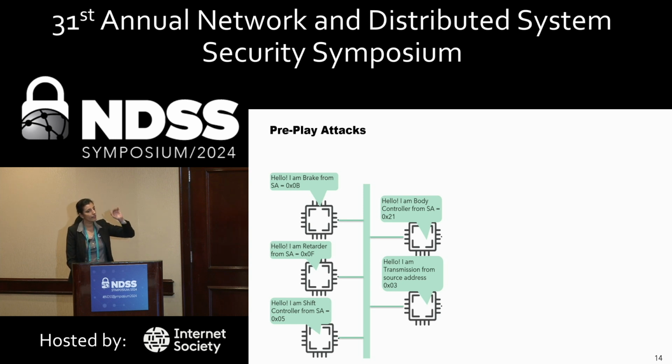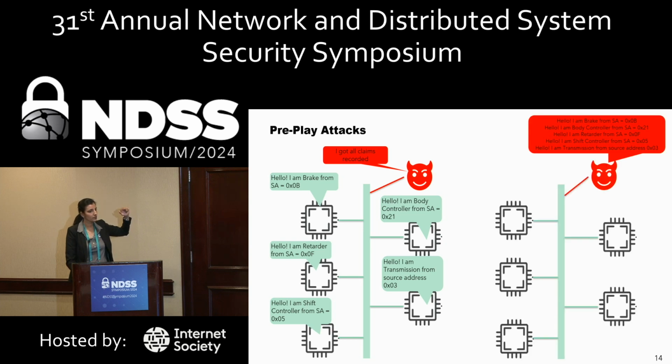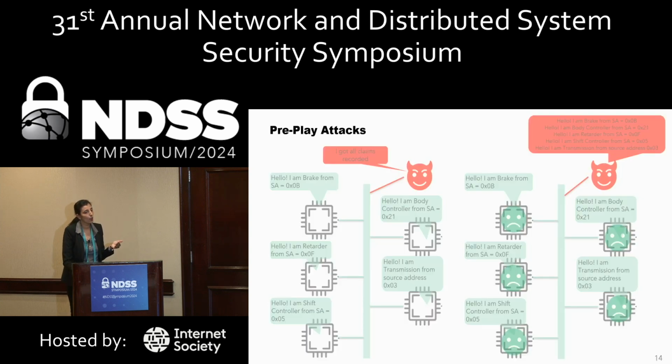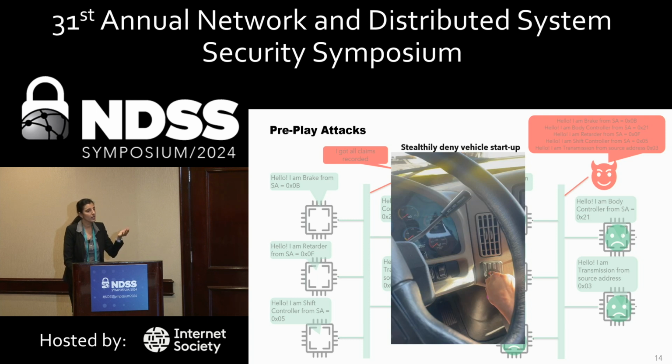You can see 5 controller applications on this network, and here the attacker comes in, records the claims and pre-plays them before the legit claims, such that when the legit devices come in, they are denied network participation. This also led to entire vehicle startup denial.